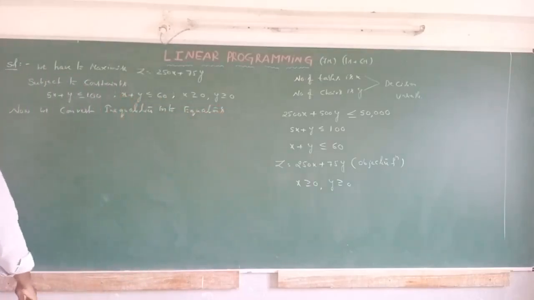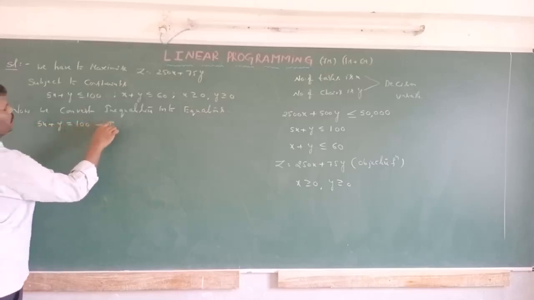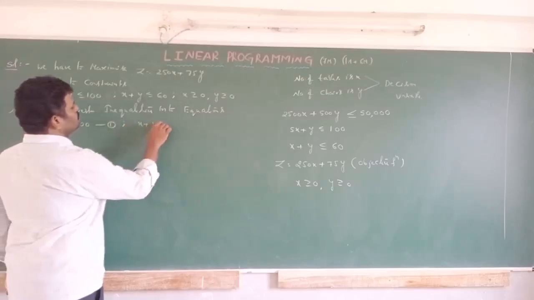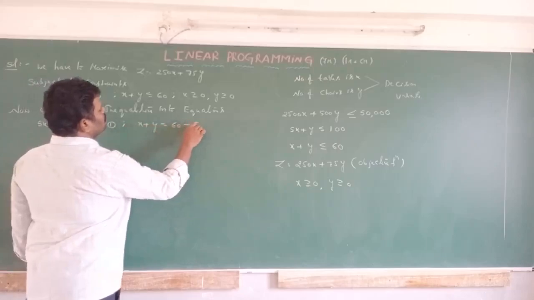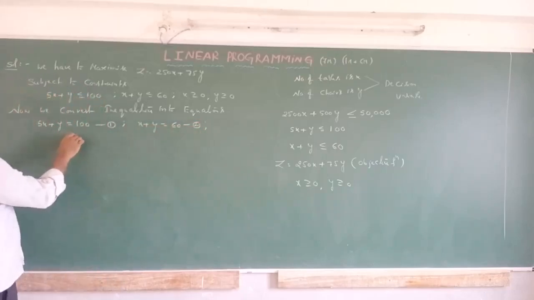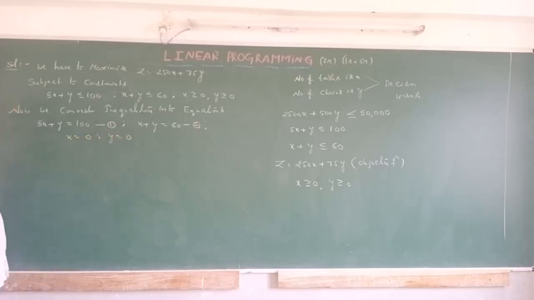So that's why, whenever inequalities are given, we convert them into equations. So the equations are: 5x plus y is equal to 100, this is equation 1, and next, x plus y is equal to 60, equation 2, and next, x is equal to 0 and y is equal to 0.